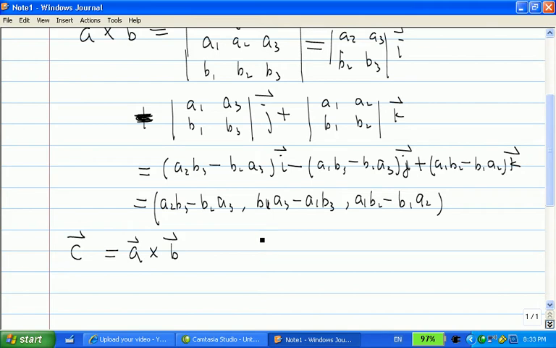The most important application of the cross product is this: if you have two vectors A and B, the cross product gives you a third vector. This third vector, C, will be perpendicular to the vector A, and at the same time this resulting vector will also be perpendicular to vector B.